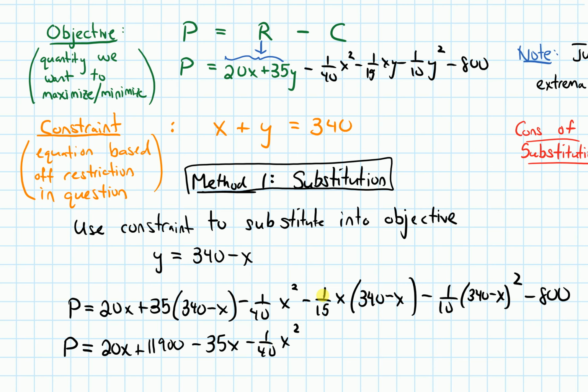And if I distribute the minus 1/15th x in, this will become minus 68/3x after a little bit of cancellation with that fraction, and then plus 1/15 x squared. The next term I'll keep as it is, minus 1/10 times 340 minus x squared, minus 800. All right, so we have this profit function. It's looking long, but nonetheless, this is what we have.